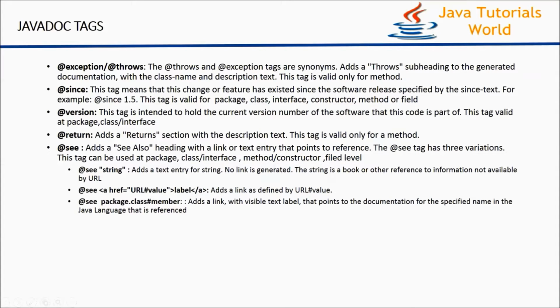To add simple text, you need to add @see with some text, to add a hyperlink, you need to add the @see tag with a hyperlink, and to refer to a package, class or member, you need to write the @see tag like this.